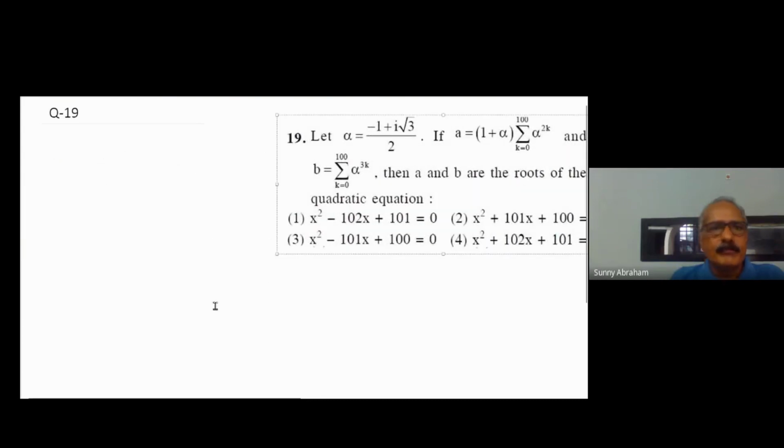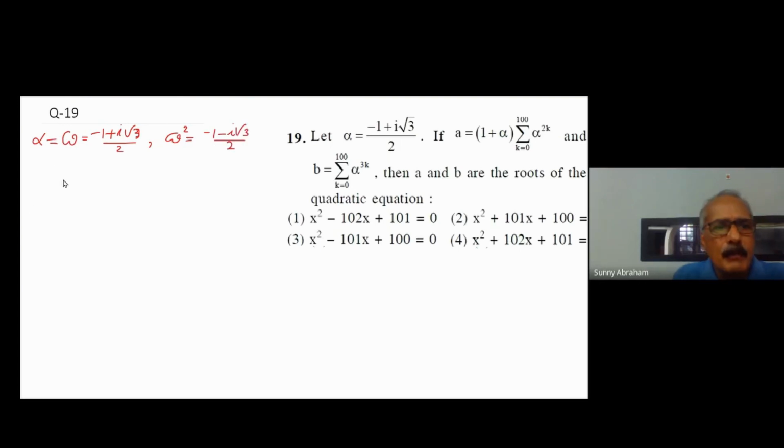So I told you, here it is given alpha is equal to omega, that is (-1 + iota root 3)/2. Then what will be omega square? If you take omega as this, it will be (-1 - iota root 3)/2.